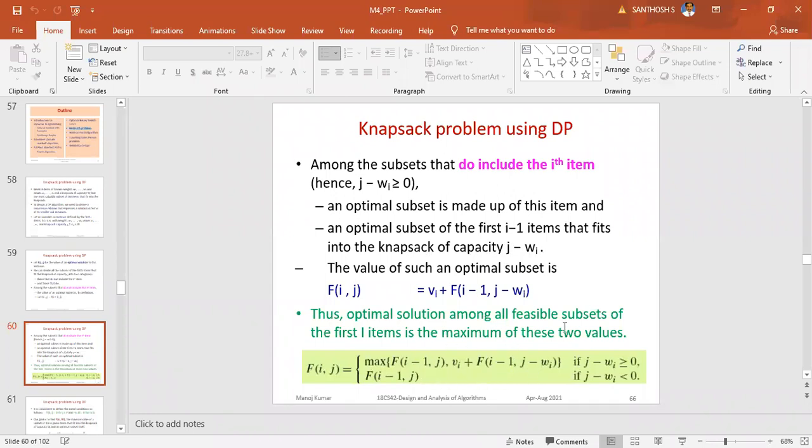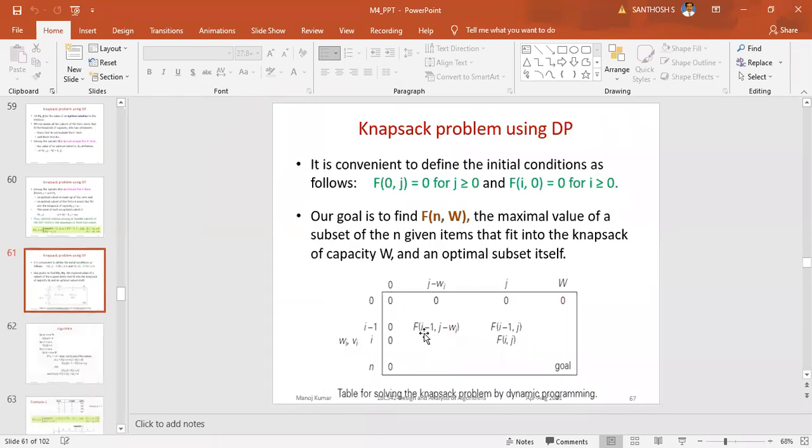The optimal solution among all feasible subsets of the first i items is the maximum of these two values. So f of i comma j is equal to max of f of i minus 1 comma j, vi plus f of i minus 1 comma j minus wi. This is the formula we use for the knapsack problem.